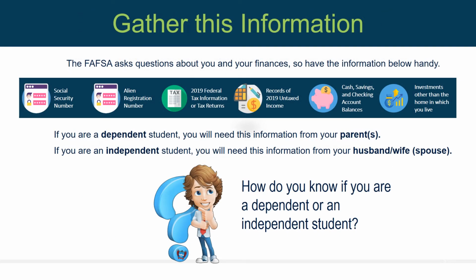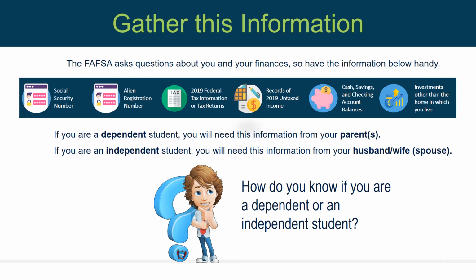The FAFSA will ask questions about you and your finances, so have the information below handy. For the 2021-2022 FAFSA, you will need your Social Security number, alien registration number if it applies, your 2019 federal tax information, such as your 2019 W-2s, and or your 2019 tax returns.